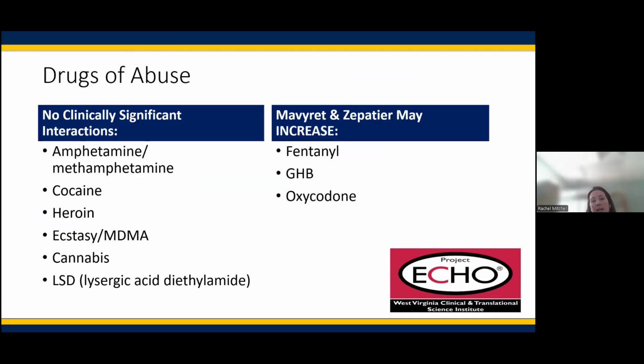I always like to highlight this drugs of abuse slide in case your patients are still actively using. So on the left-hand side, you can see no concerns with any of the drugs listed here. Our main concern is going to be with fentanyl, GHB, and oxycodone because Mavyret and Zepatier may increase those in terms of concentration. That is a theoretical risk.